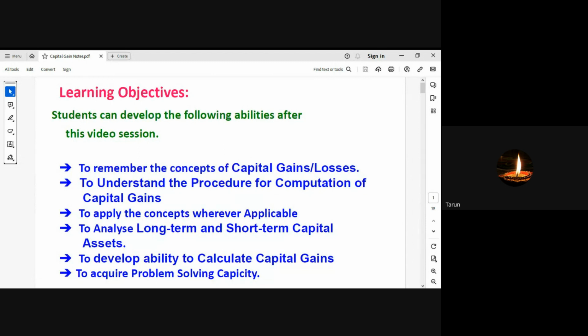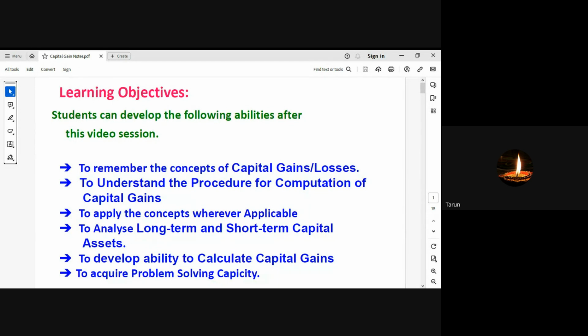Right, so these are the learning objectives: how to calculate capital gains and losses, to understand what capital gain and losses are, to understand the procedure and format of the calculation of gain or losses from capital, and to apply these concepts wherever applicable in the real world.